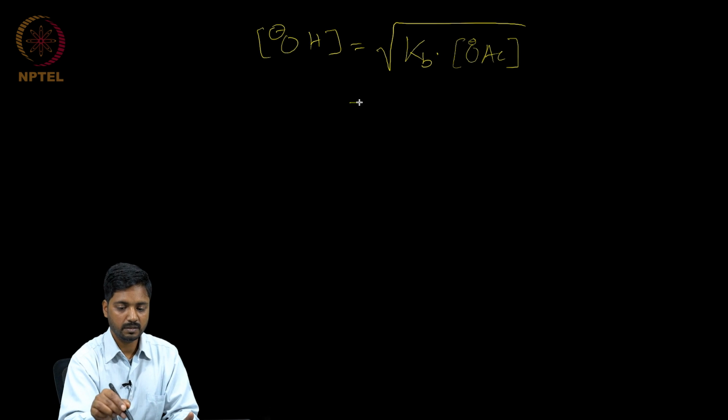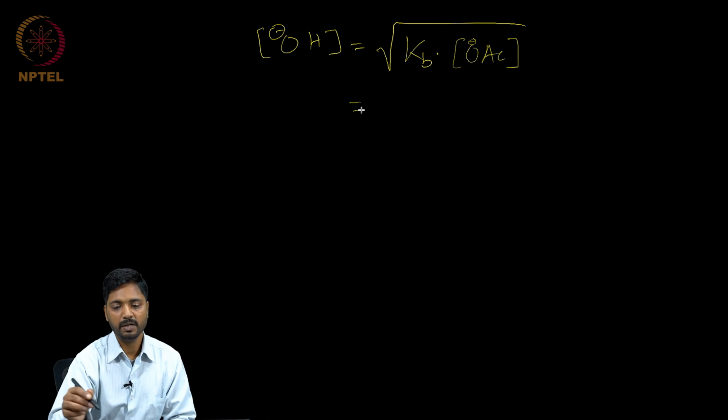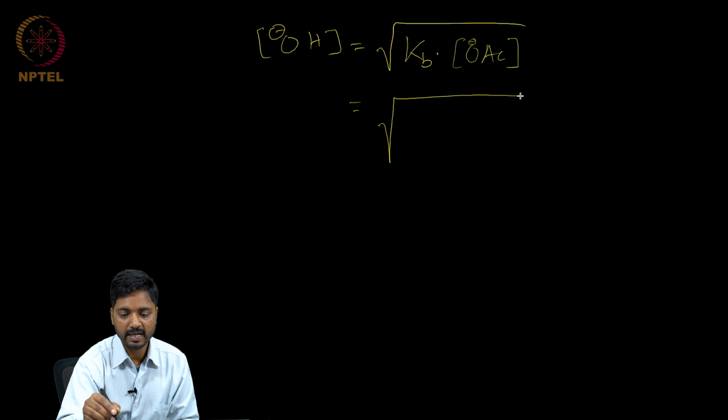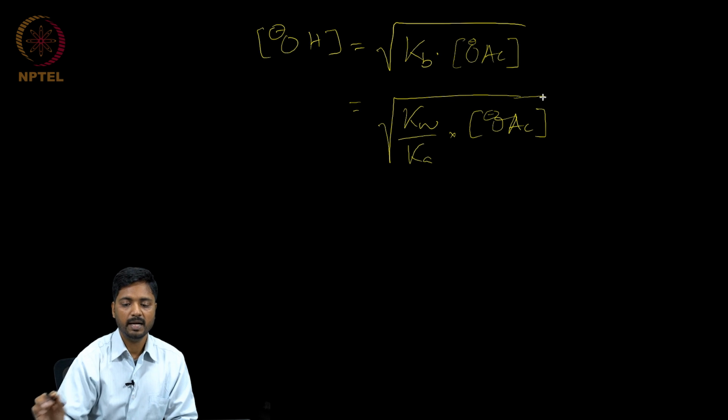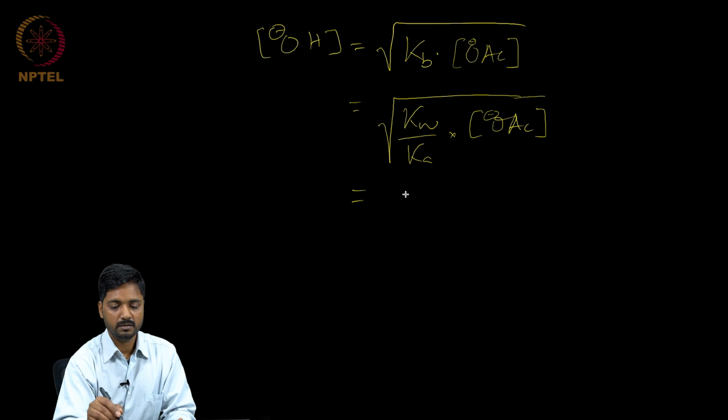and the Kb value can be calculated as Kw by Ka into the acetate anion concentration, and the Kw value is 10 to the power of minus 14.